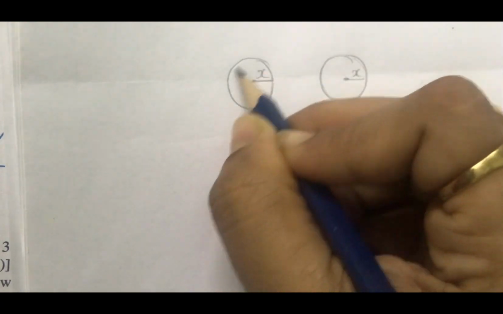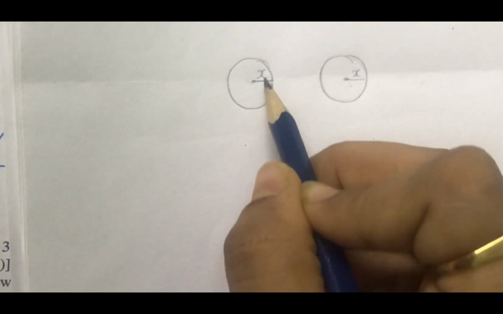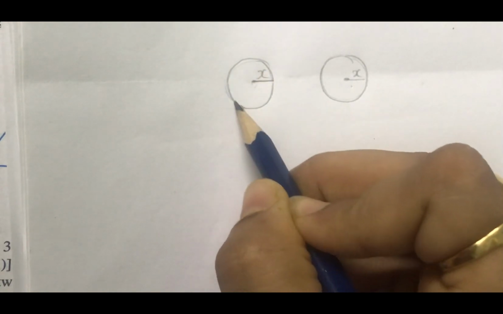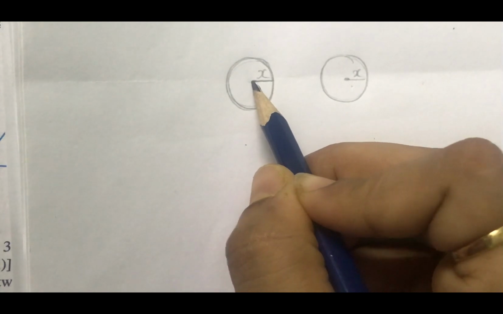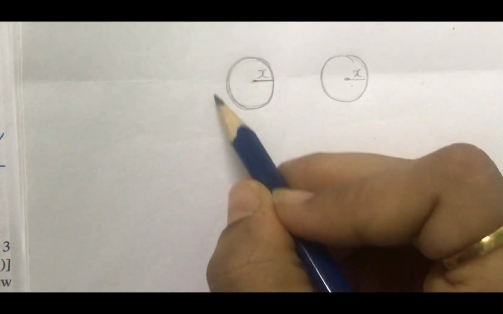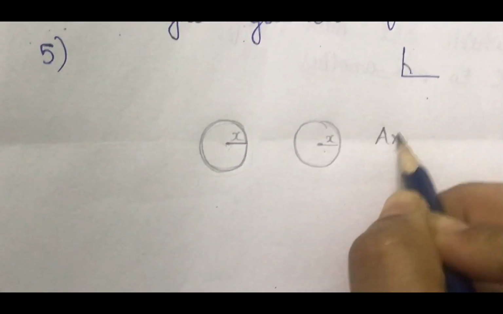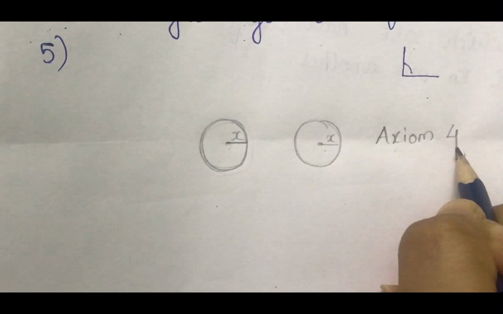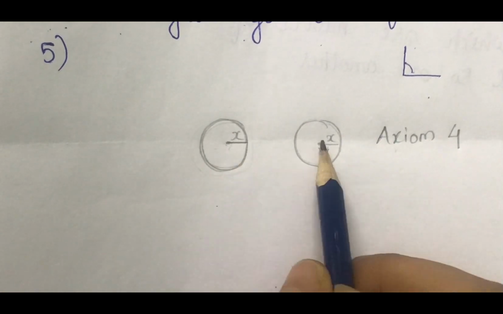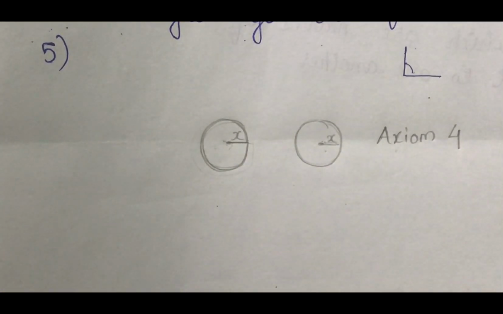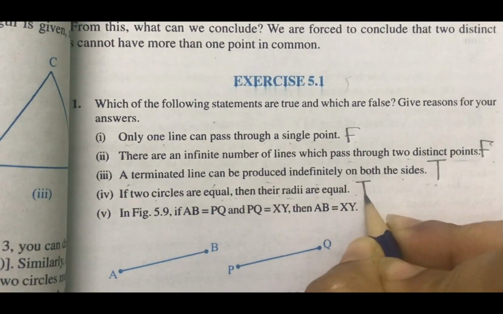If two circles are equal, I am taking this circle and placing it on top of the other circle. So my first circle coincides with the second circle. According to Euclid's axiom number 4, things that coincide with one another are equal to one another. So the radii will be equal.